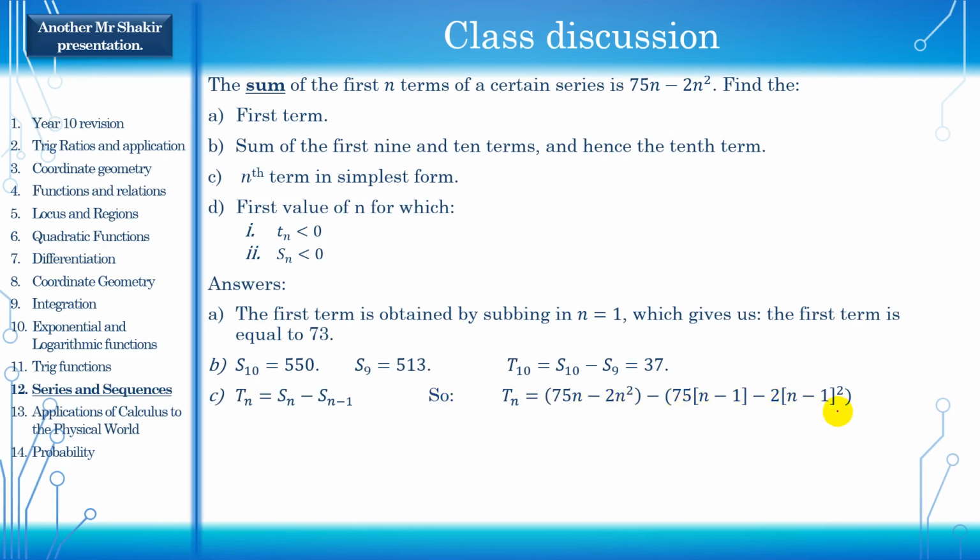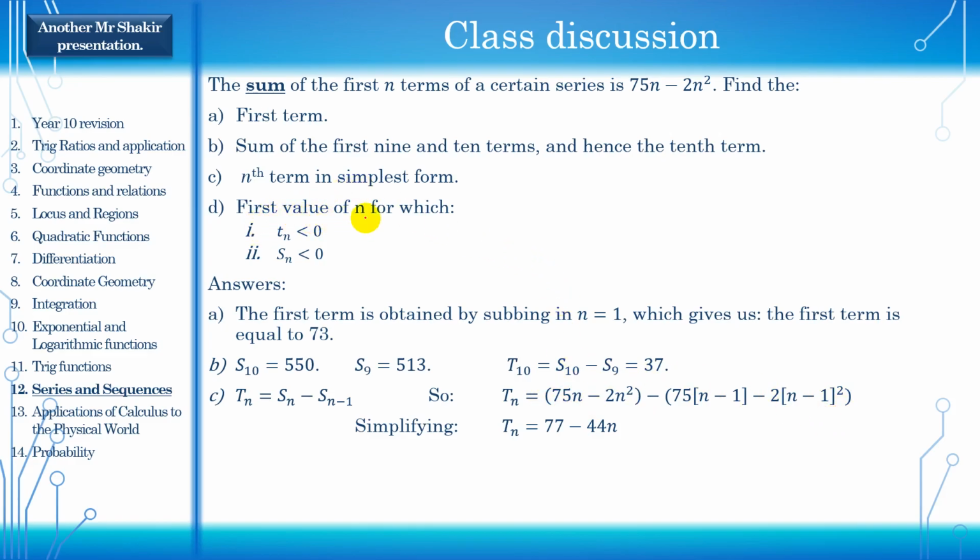I don't think there's anything fancy there. You just expand this algebraically, simplify it, collect like terms, and you'll get T of n is equal to 77 minus 4n. If you have trouble expanding this and simplifying it, please let me know on Slack. I'll be more than happy to show you, but I'm assuming that your algebra is good enough to do that. I mean, it's fairly easy in my opinion. Let's move on to the last one.